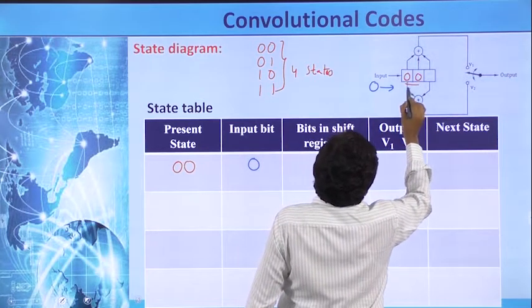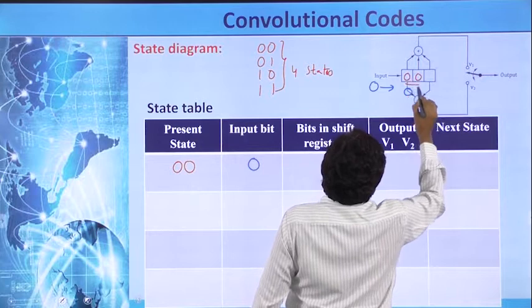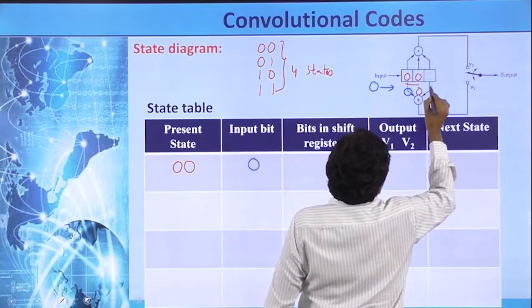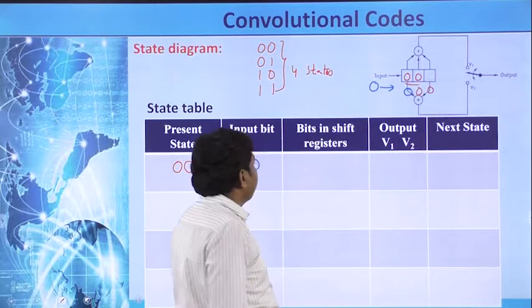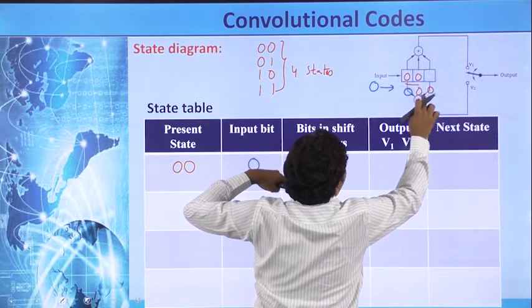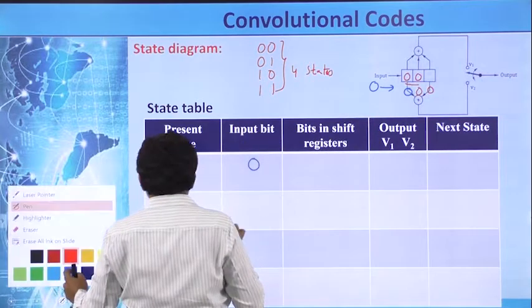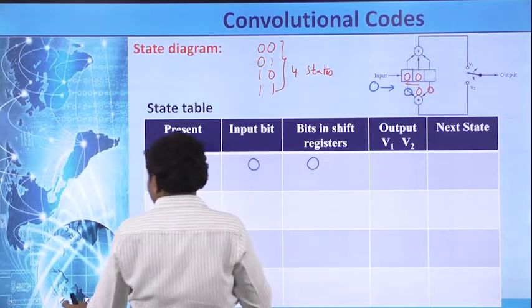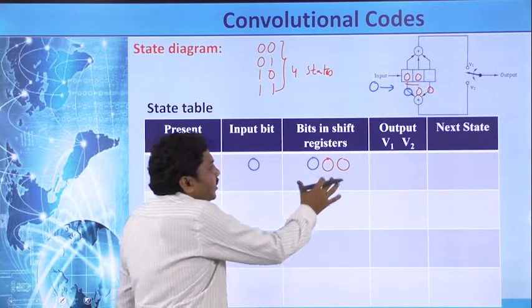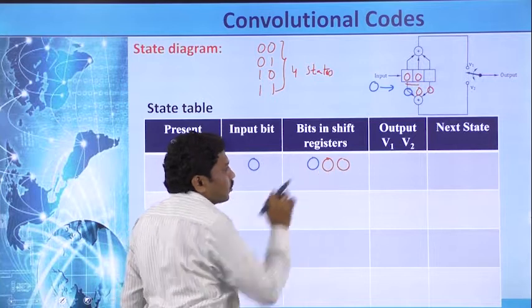This 0 comes into this place, whereas this 0 comes to here. The bits in the shift register are 0 0 0.